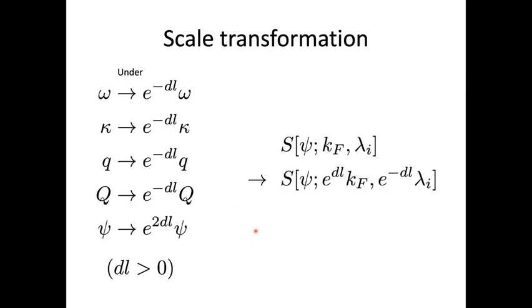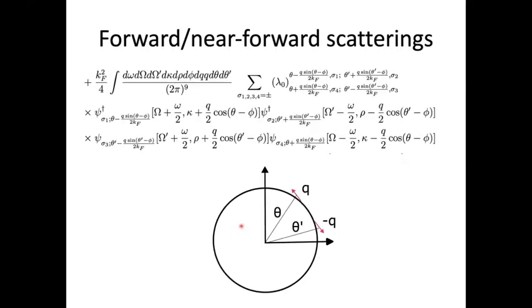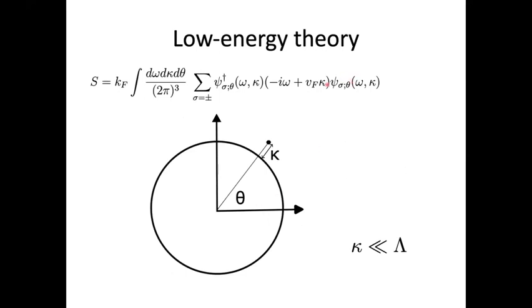Here I'm already expanding around the kF, and in the presence of spherical symmetry, kF is not renormalized, so the Luttinger theorem is already there. We are only looking at the excitation relative to the Fermi momentum.